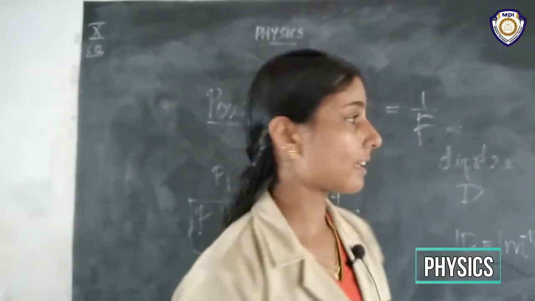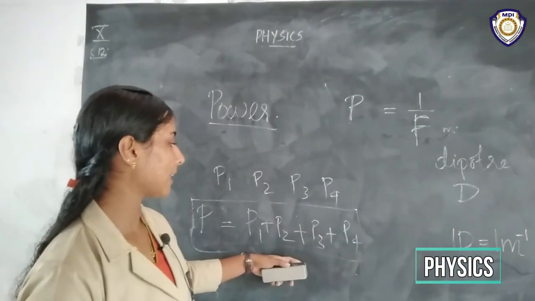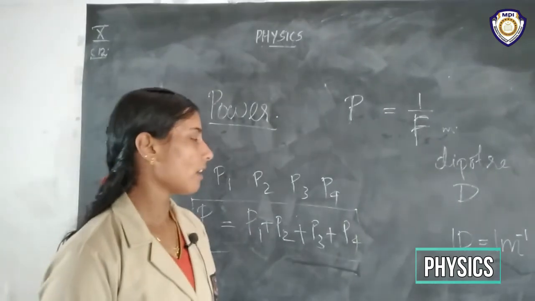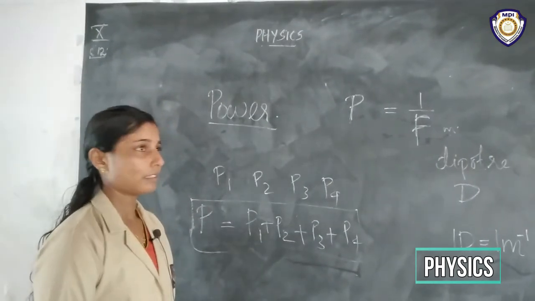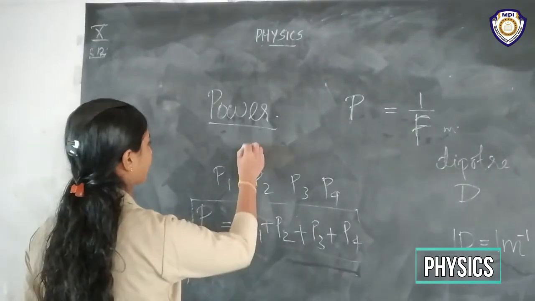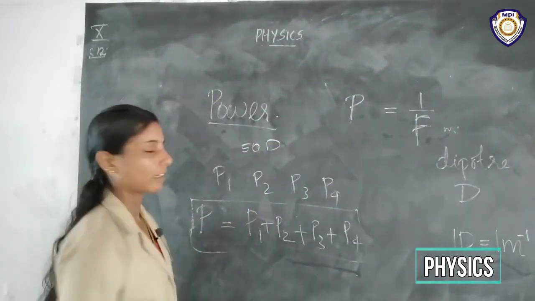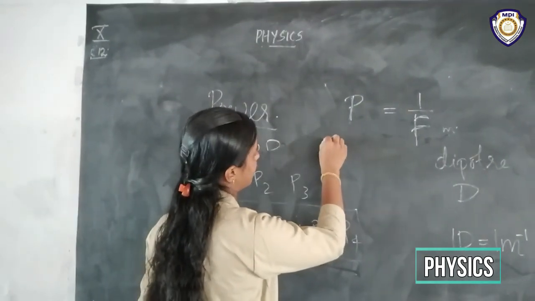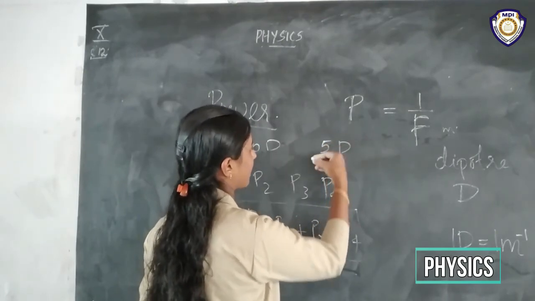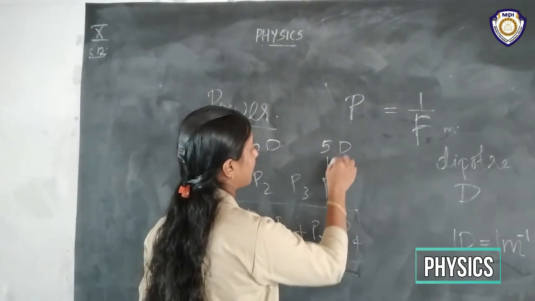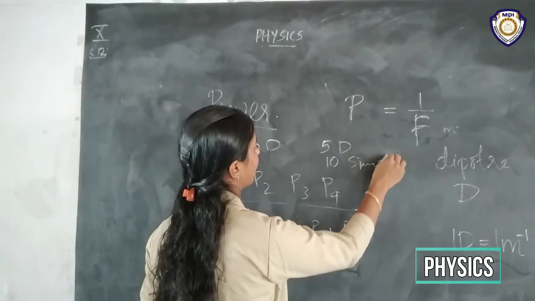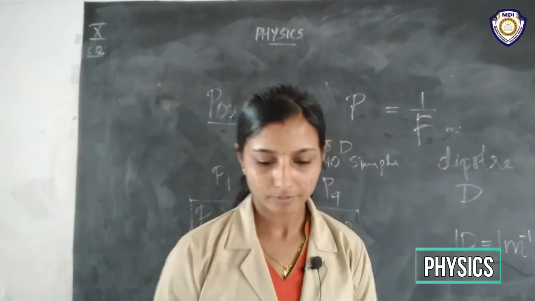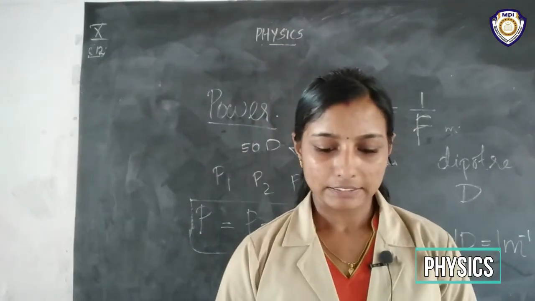This simple addition makes compound lenses easier. For example, if we need a lens having 50 diopter power, we can make it by using simple lenses having 5 diopter power. Then 10 simple lenses will combine to give this 50 diopter compound lens, right?